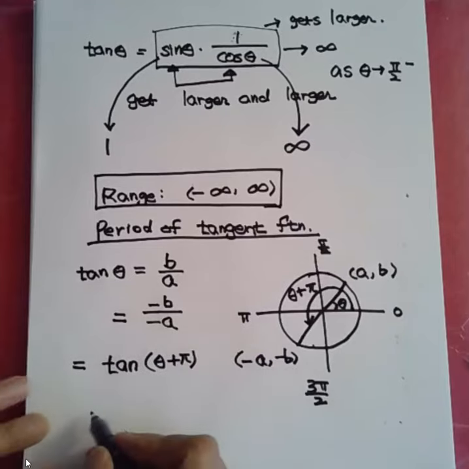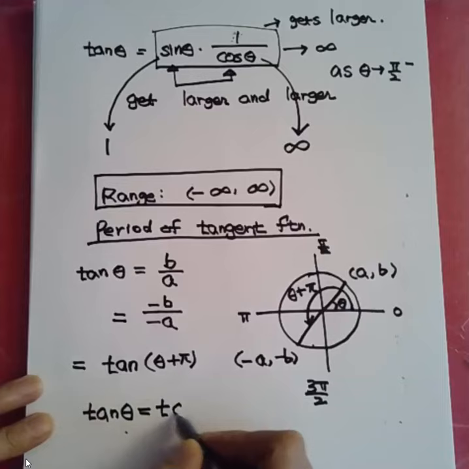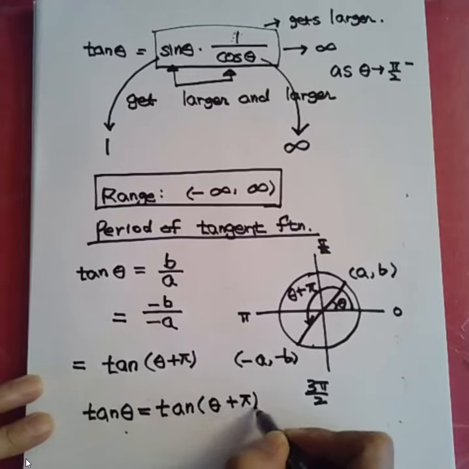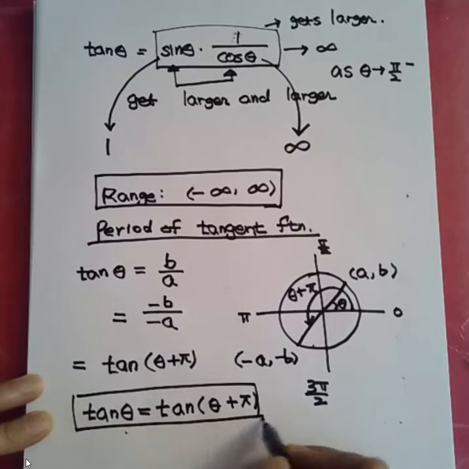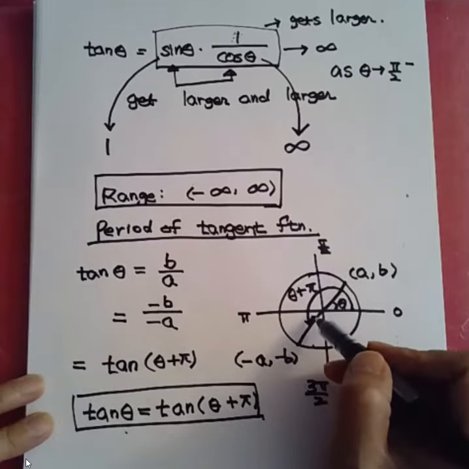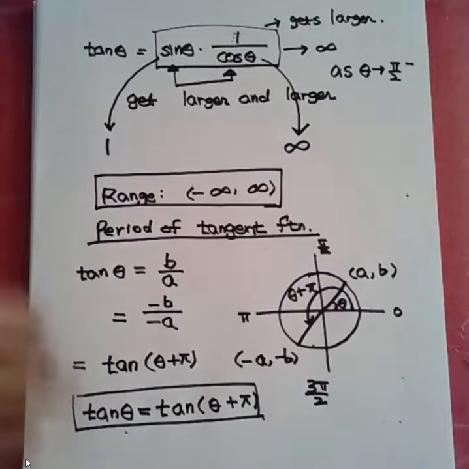From here, we can conclude that whenever we have theta, if we move pi amount, then we will get the same tangent value. But if you go smaller angle than pi, then it'll never become the same fraction.